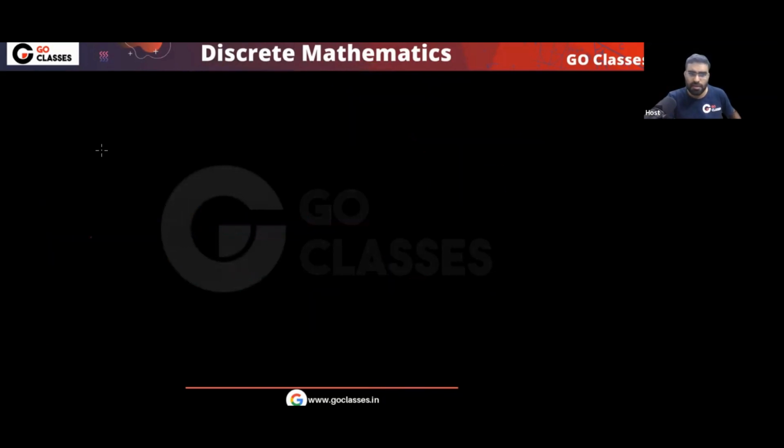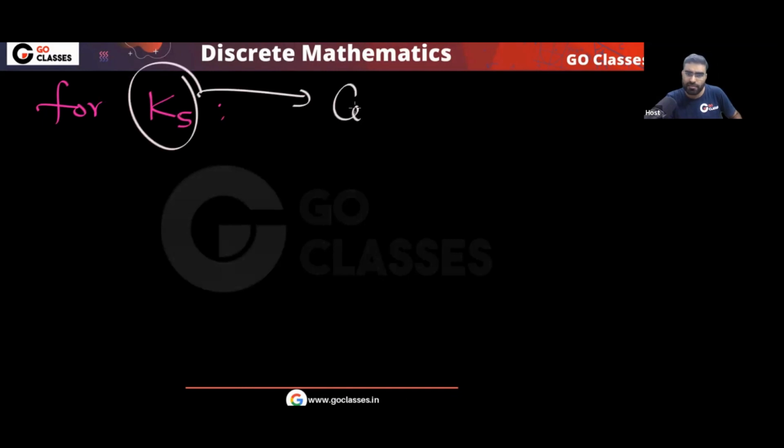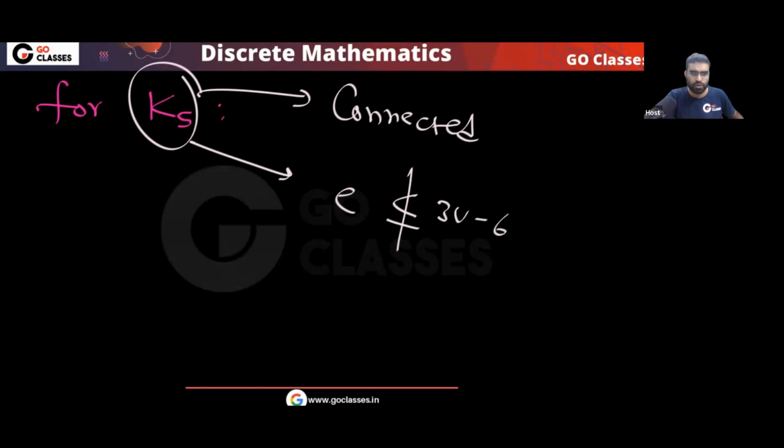Is this clear? So for K5, notice what happens. This K5 is connected, but this equation is not satisfied. So what can you say?